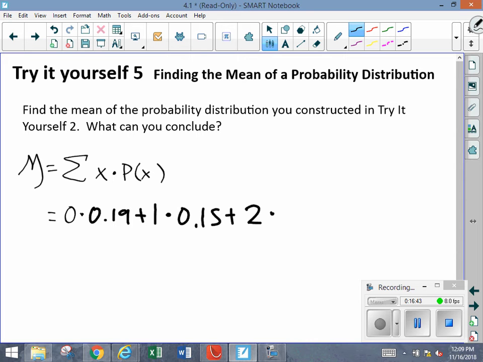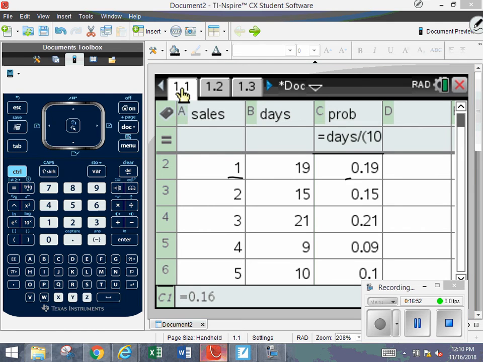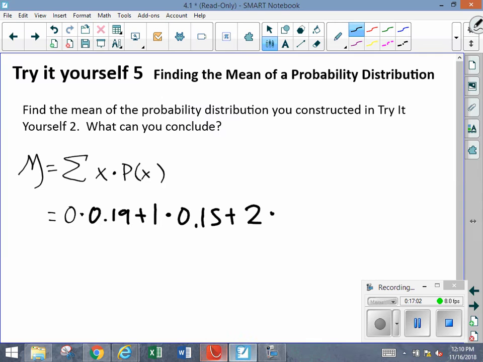You see where these numbers are coming from? Yeah, it's coming from the chart. This thing. So 1 times 0.19, 2 times 0.15 plus 3 times 0.12. Right? 2 times 0.15.